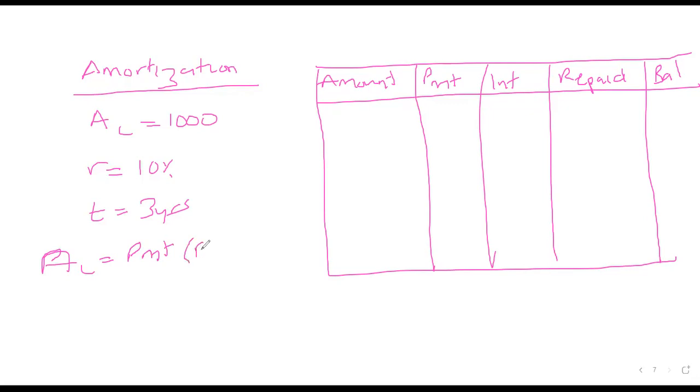Then here we have the present value annuity factor. So amount of loan is what? 1,000. Payment is what we're calculating. The present value annuity factor we know is 1 minus 1 plus r to the power negative n over r.